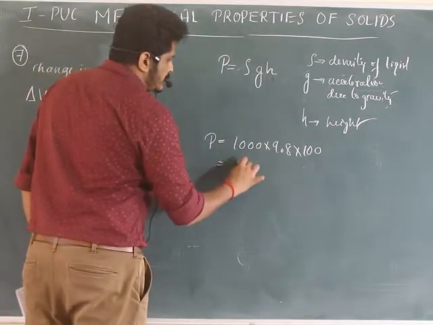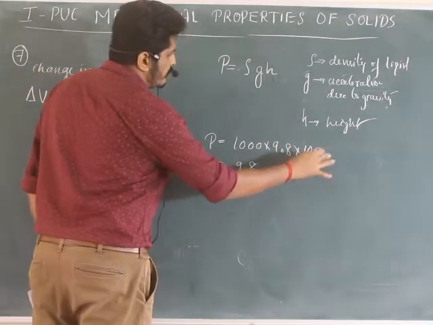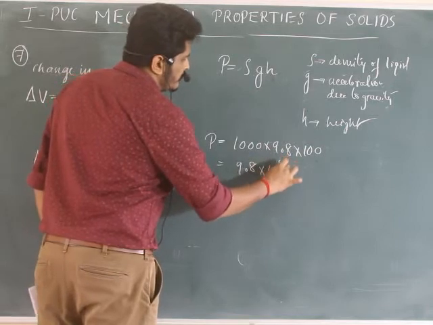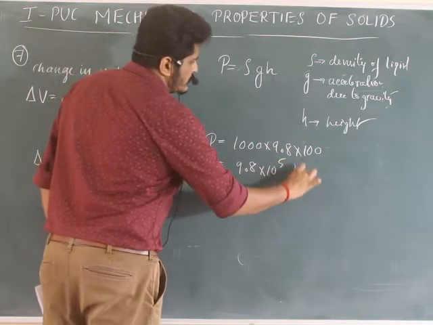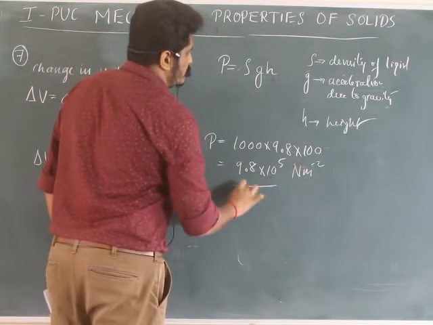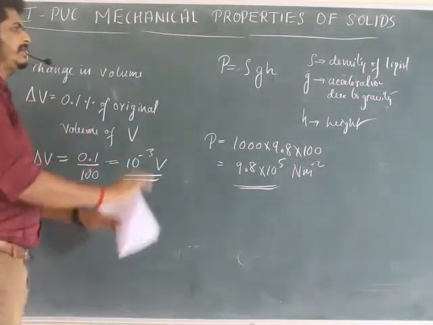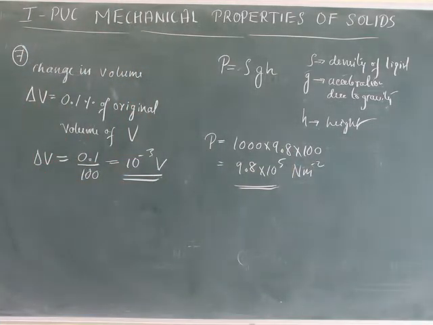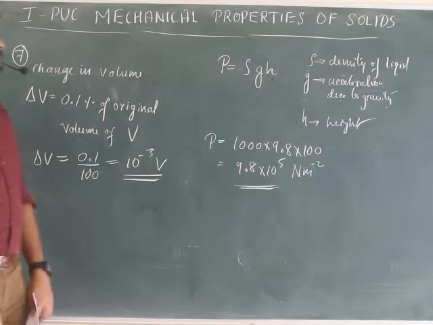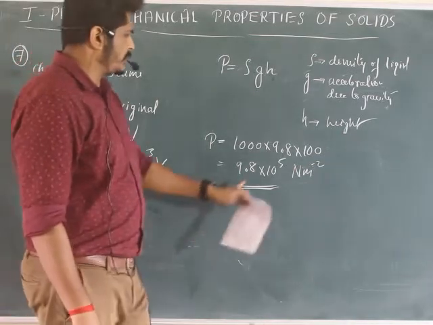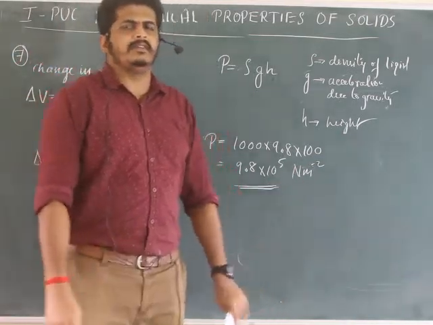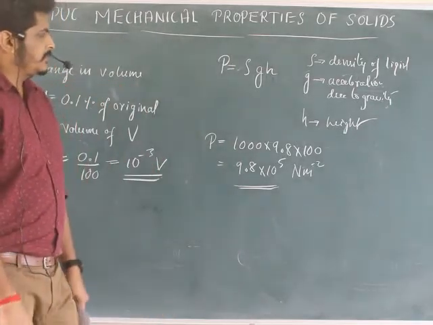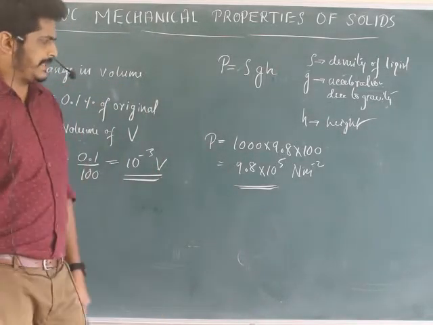So multiply, this is 9.8 into 10 power 5. Pressure, what is the SI unit? Same, Newton per meter square. Force by area concept is also same here, okay. So we got to know, because you might be knowing, stress and pressure share the same SI system. So deforming force is ready.